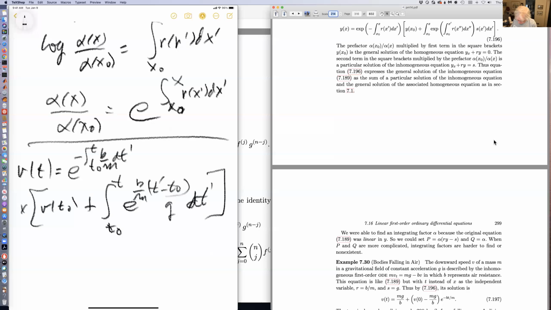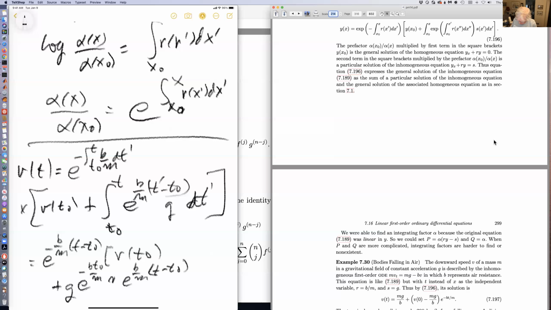Well, this gives us another exponential, so this is e to the minus b over m times t minus t0 times v of t0 plus g e to the minus b t0 over m, and let me do it slowly, now I'm just integrating e to the b over m t, and so this is going to be e to the b over m times t minus t0, but there's a factor m over b.